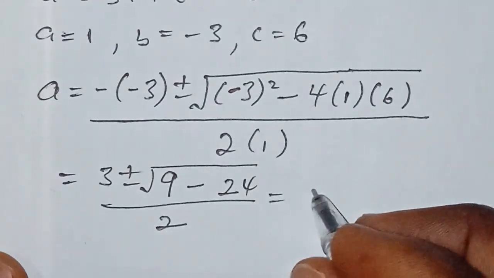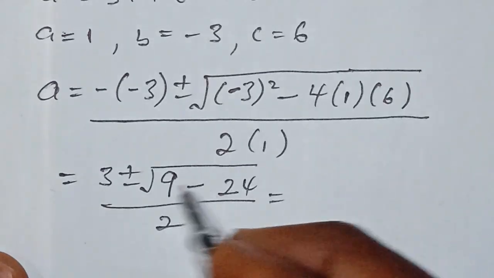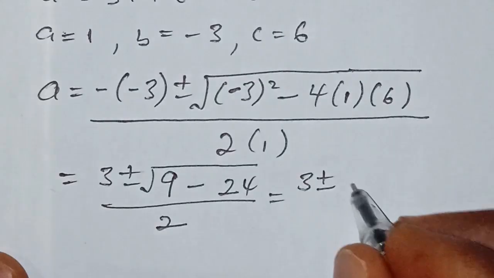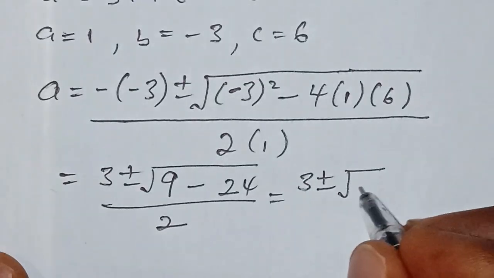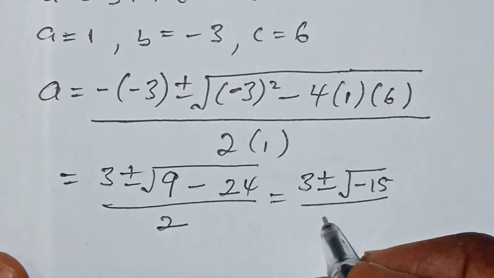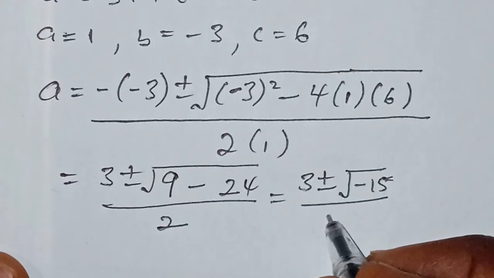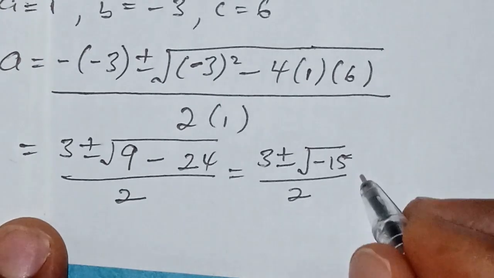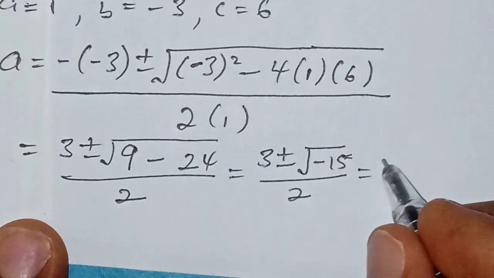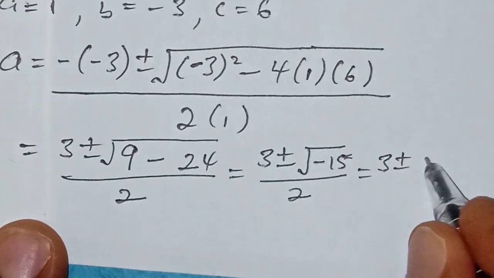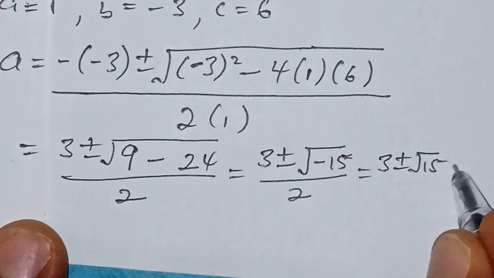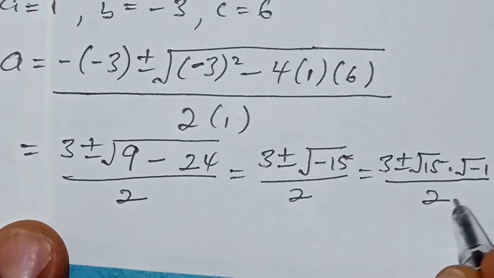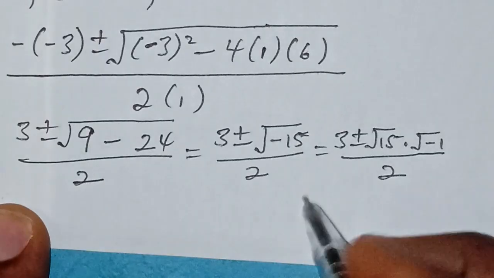This can be simplified as 3 plus or minus the square root of minus 15, over 2, and this can be written as 3 plus or minus the square root of 15 multiplied by the square root of minus 1, over 2.